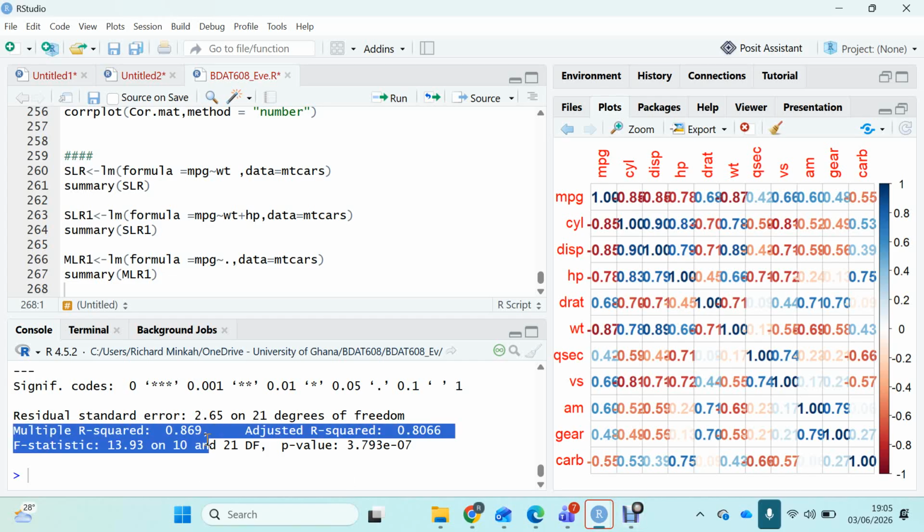Essentially, why we are doing this is to tell you that when there is multicollinearity, even your best variable may be masked because of its interaction with another variable. Its significance may be masked. That's the essence of this exercise.